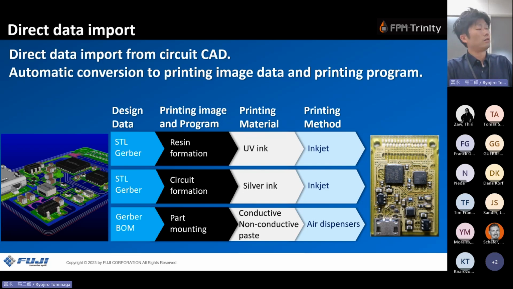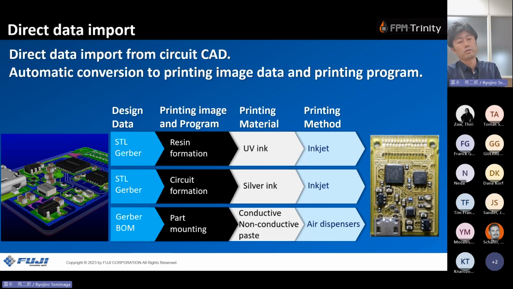And direct data import is very important. You achieve no initial lead time and no initial tooling for the glass mask and the metal mask. Our machine can directly receive the STL and the Gerber data from the circuit CAD. Resin structure data can be exported from the circuit CAD, changed into the printing design and job, and printed by the inkjet head.